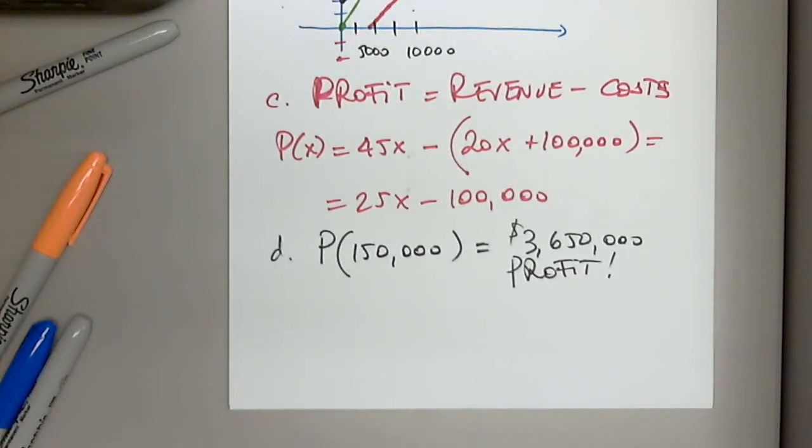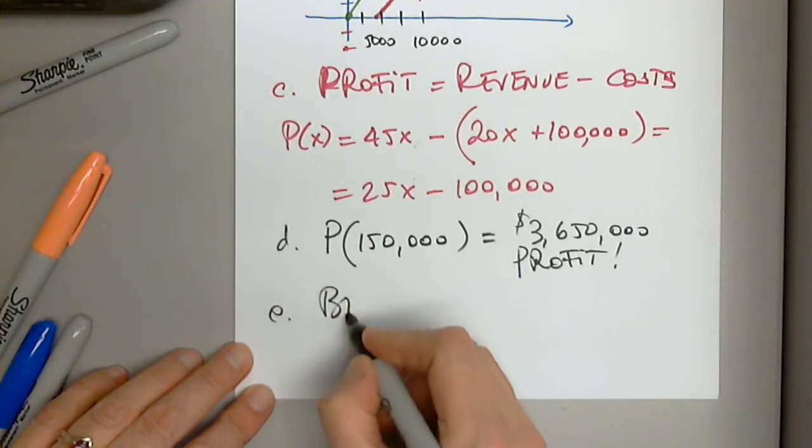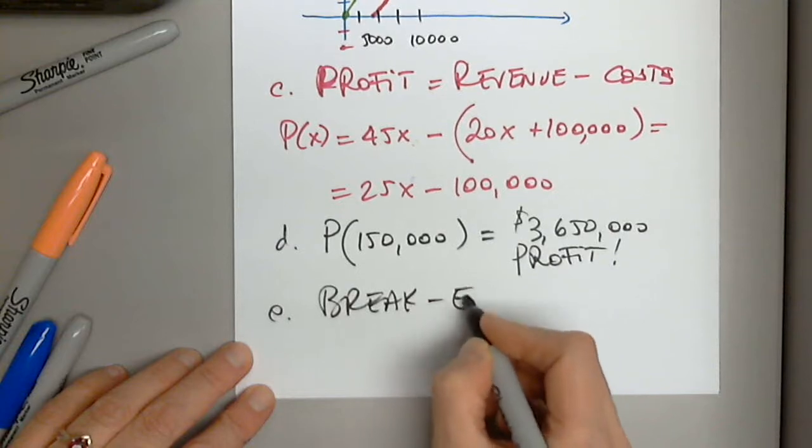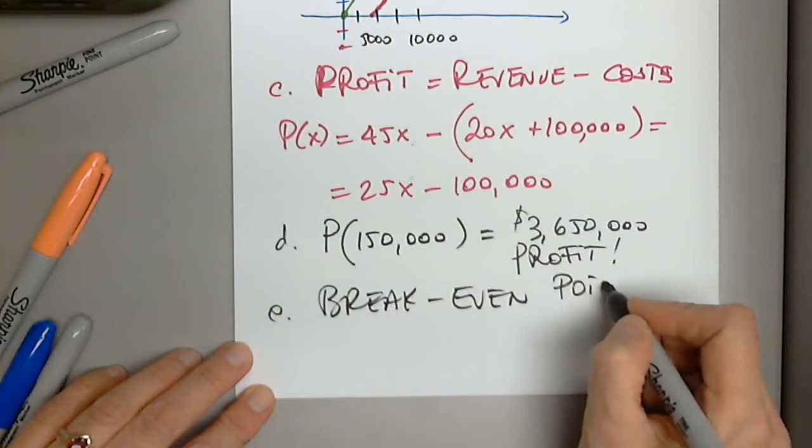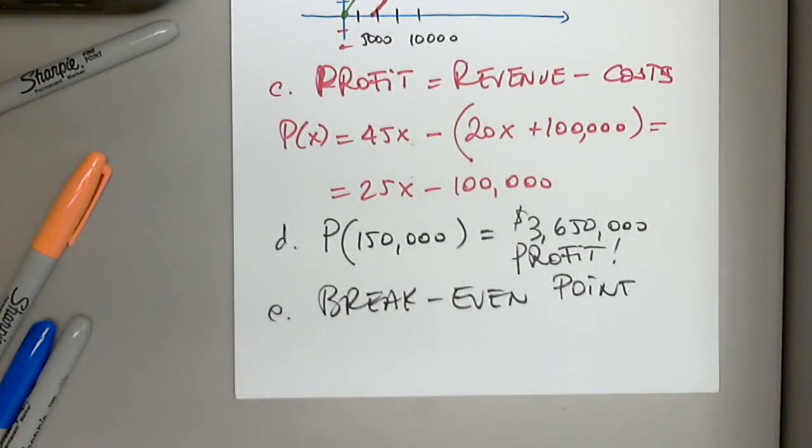How many calculators must the firm sell in order to break even? So what is the break-even point? We have to determine the break-even point. What does that mean?